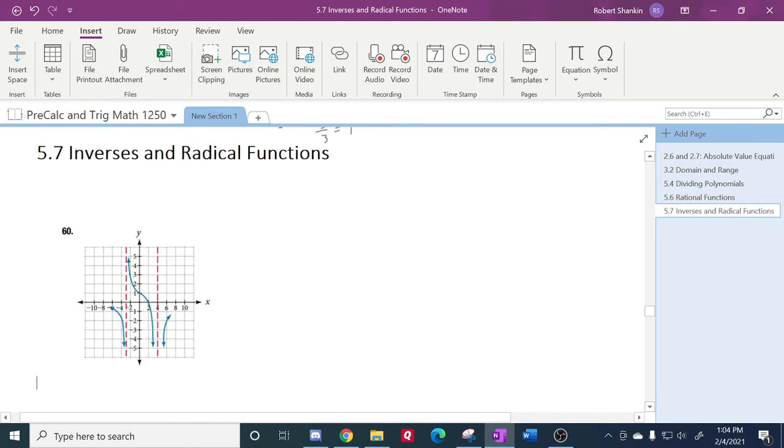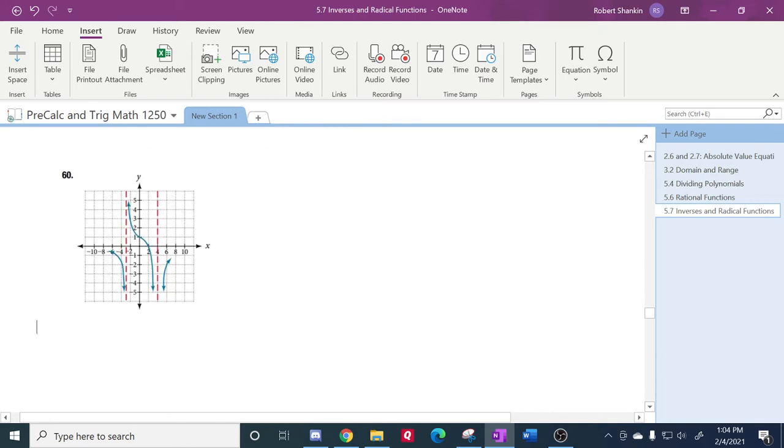All right, so we need to write the equation of this. f of x, well, I know it's got a vertical asymptote. What's this one, at negative 3? That means x plus 3.